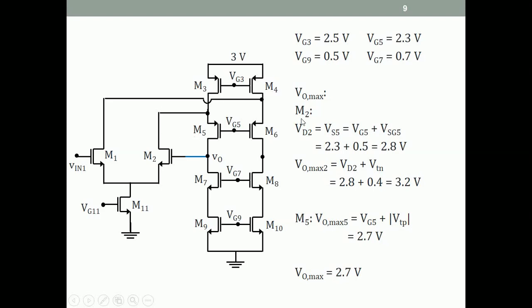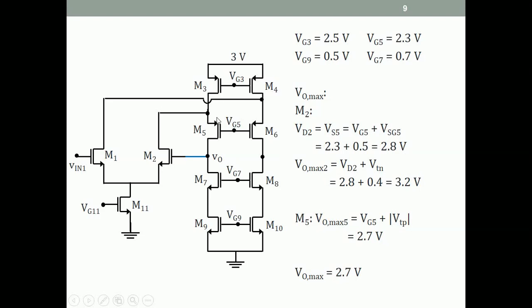M2's Vd2, which is this voltage, which is the same as Vs5, must be equal to Vg5 plus Vsg5. How much is Vd2? Vg5 is 2.3 plus Vsg5. Vsg is 0.5 for all transistors, so 2.8 volts.